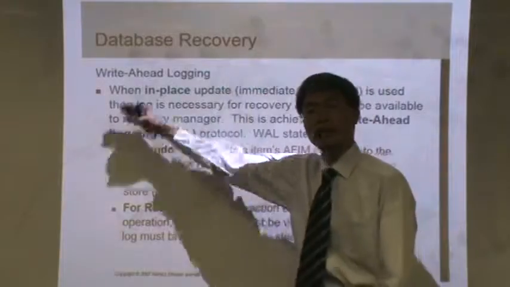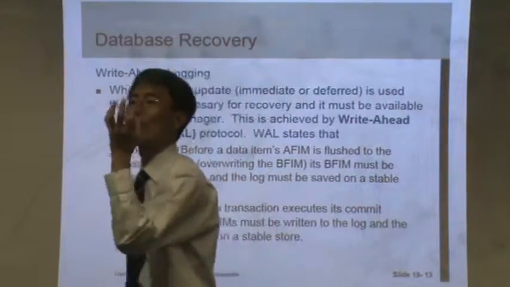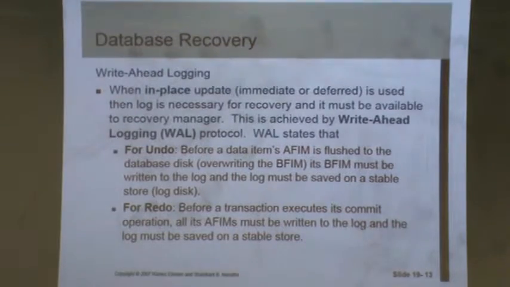It should be in place, not a memory update. Why? Because that log is our final one to restore data. If that is logged in memory, we may lose it. There's a chance to lose the data. So such a logging operation should be done in place. That is the write ahead log.